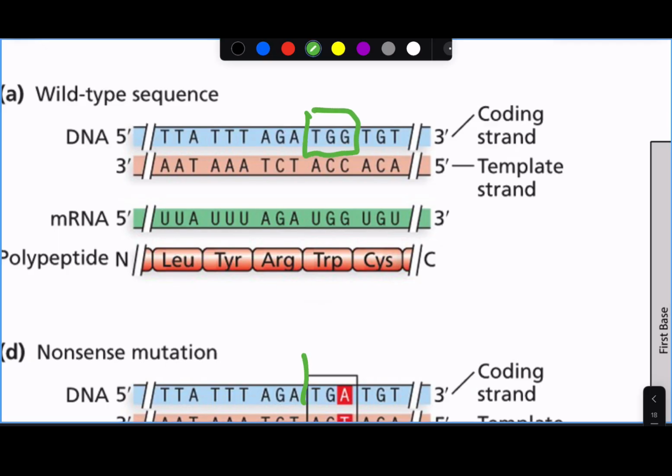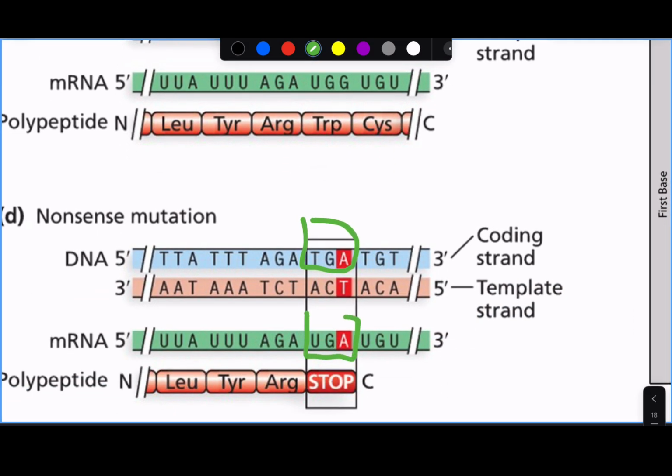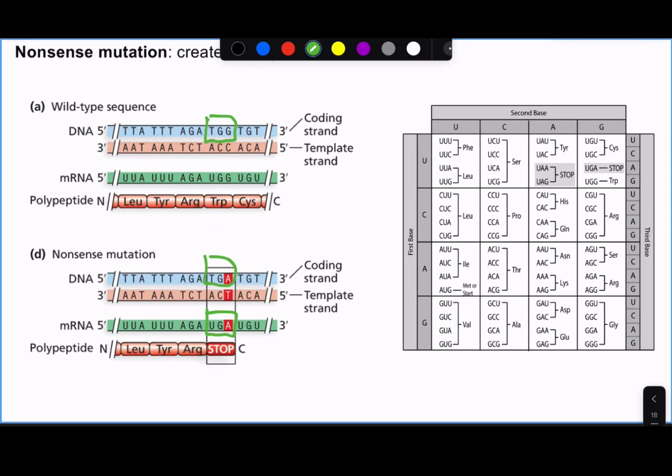It mutates to TGA. That transcribes to UGA. And if we look at the codes here, UGA is one of the stop codons. So what that effectively does for this messenger RNA is when the ribosome is going through that mutant, it basically stops.